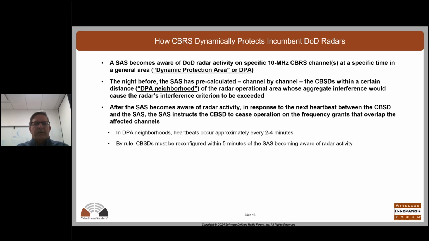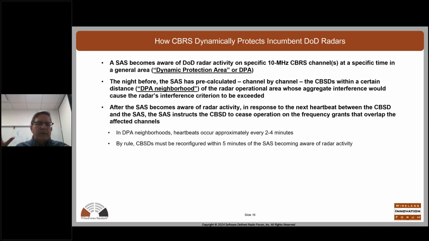I won't go into the detail, but suffice it to say these calculations are very complex, involve lots of propagation loss calculations to lots of points at lots of different frequencies, and these calculations take 2 or 3 hours every night. It's a long calculation.